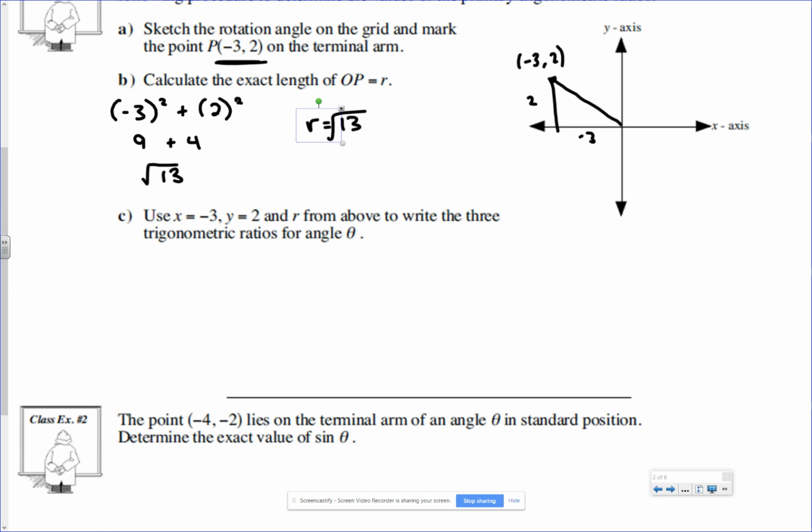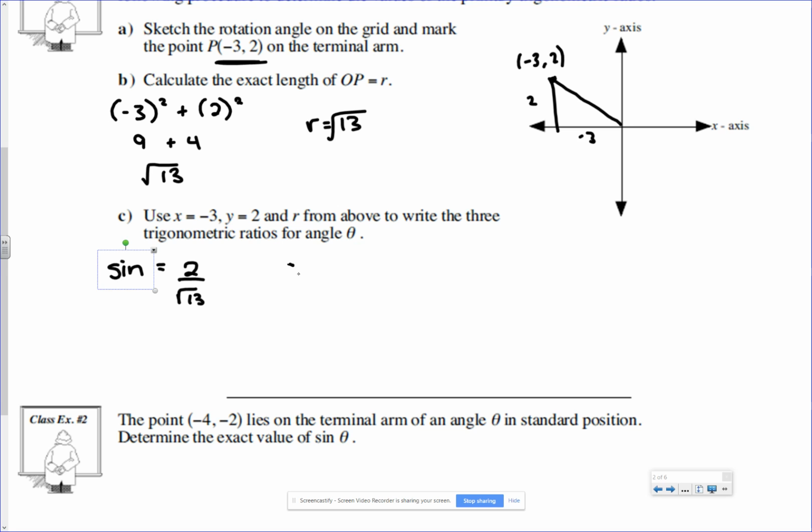So now it says, using those values, write the 3 trig ratios for SOHCAHTOA. So for sine, it's opposite over hypotenuse. So our opposite is 2, and our hypotenuse is root 13. And it's positive because it's in the second quadrant.